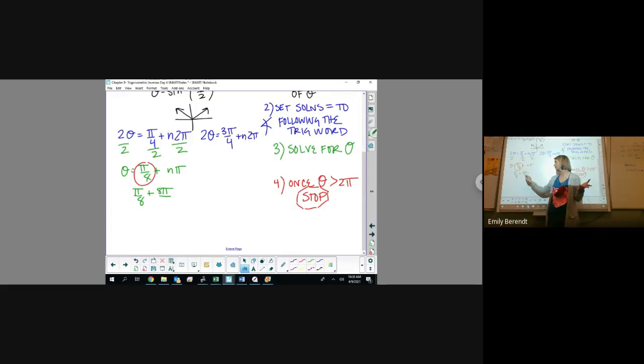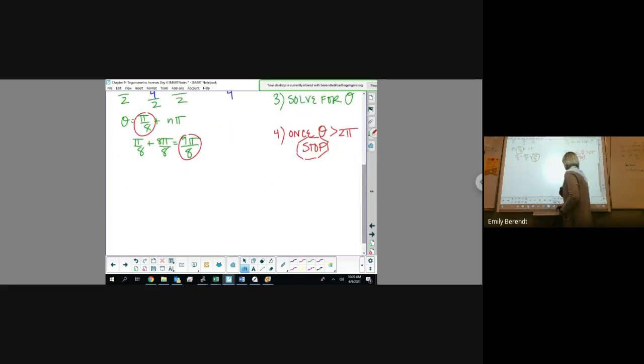So we're going to add 8 pi over 8 and get 9 pi over 8. So if this answer is greater than 0 but less than 2 pi, it's also a solution. Is 9 pi over 8 greater than 0? Yes, because it's positive. Is it less than 2 pi? How do you know what is 2 pi in terms of pi over 8? 16. So it is less. So that's another answer.